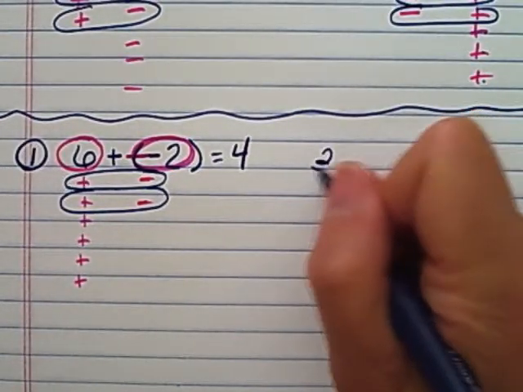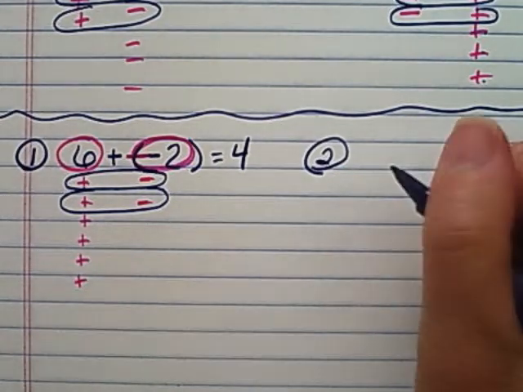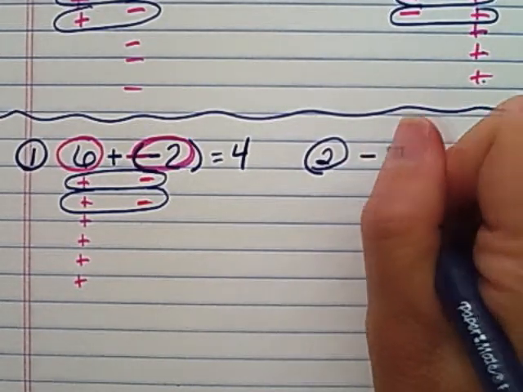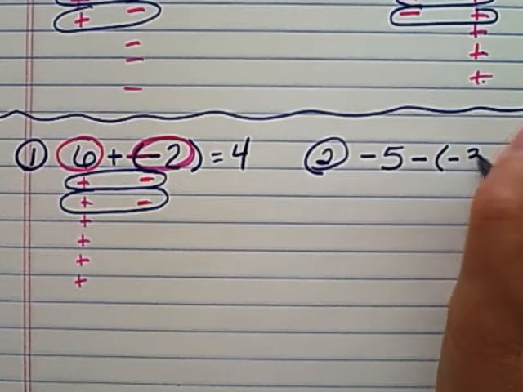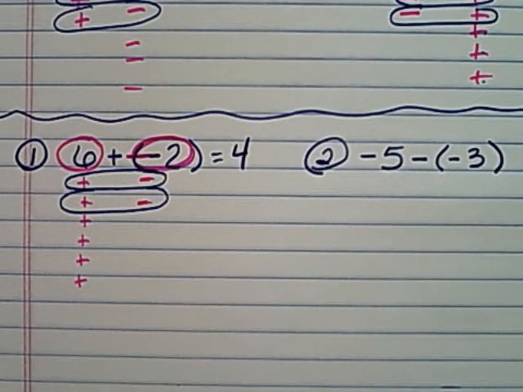Number 2 is negative 5 minus negative 3. So remember, when we have negative 5 minus negative 3, negative 5 is out front, so you can circle that.